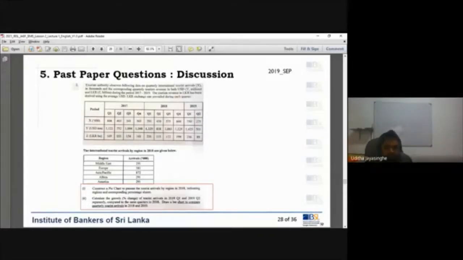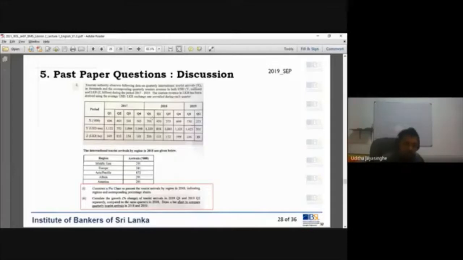I have tourist arrivals of 750 and 275. I just need to calculate the growth of these numbers compared with the numbers of the same quarters in 2018. That means the numbers 700 and 450.